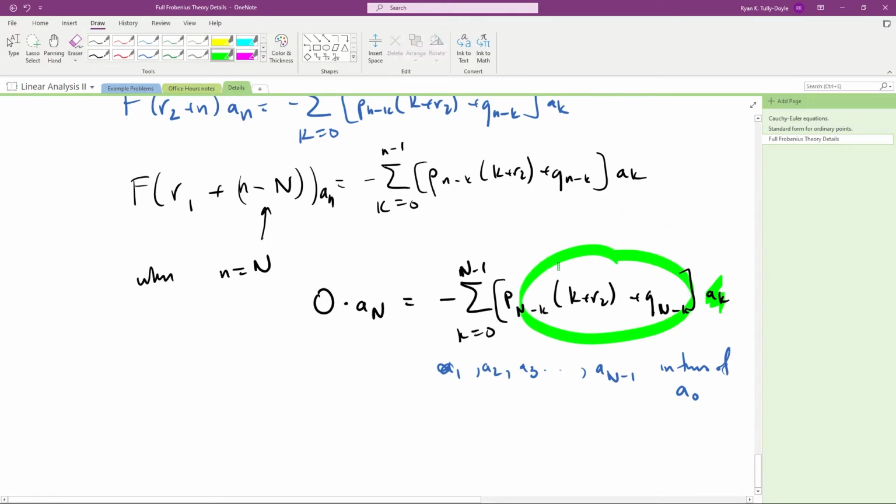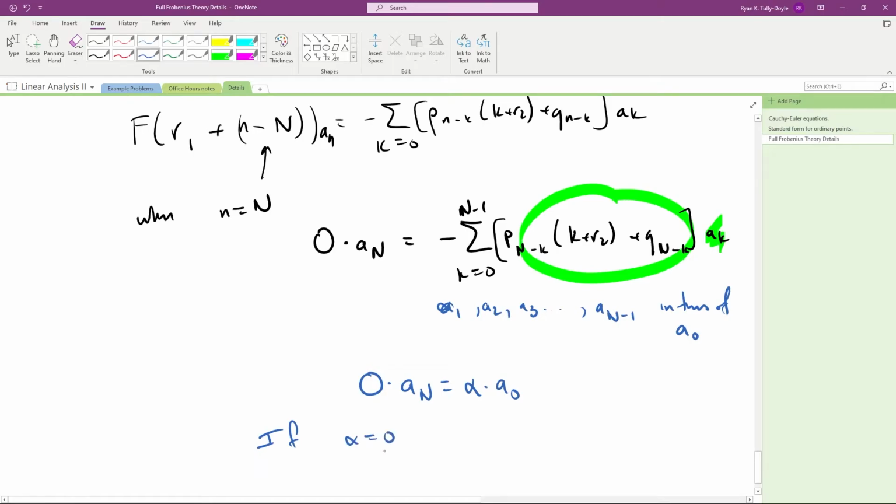When I do all the grinding and computation, there are no variables in there, it's just some number. So if you multiplied it all out, this says that 0 times a_N is equal to alpha times a0.